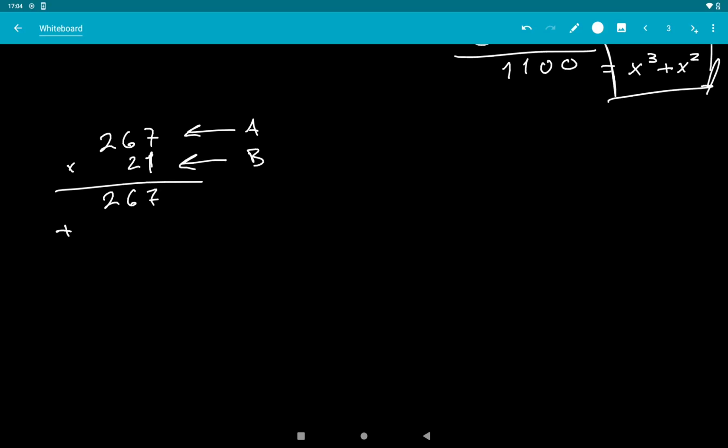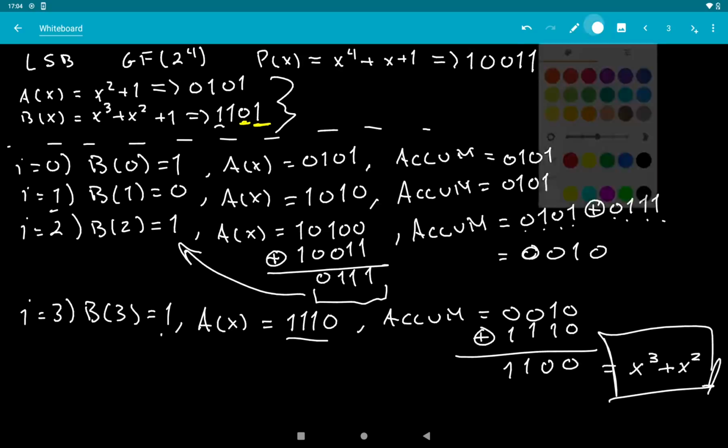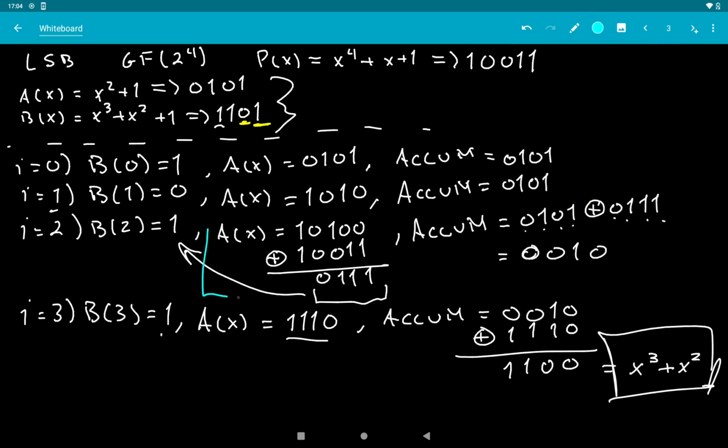You take your A left shifted by 1 times that 2, and I'm not going to go through the math, but the idea is that it actually still works out the same way. You just don't worry about this XOR step right here where you're worried about bringing something back into the field.